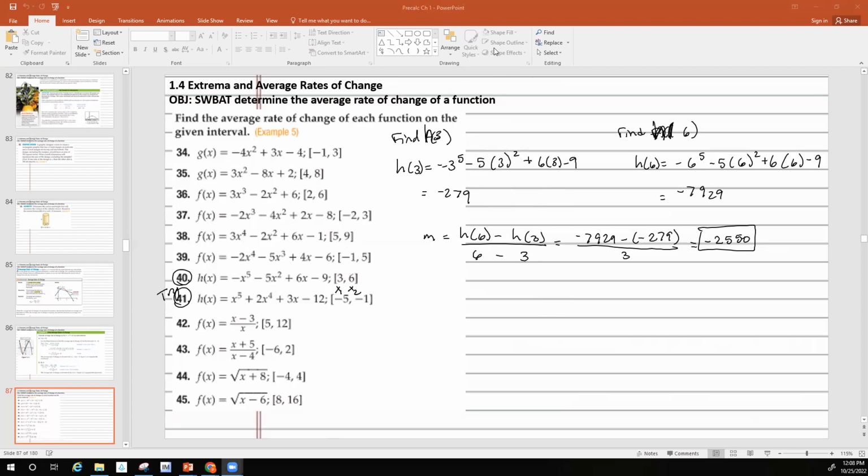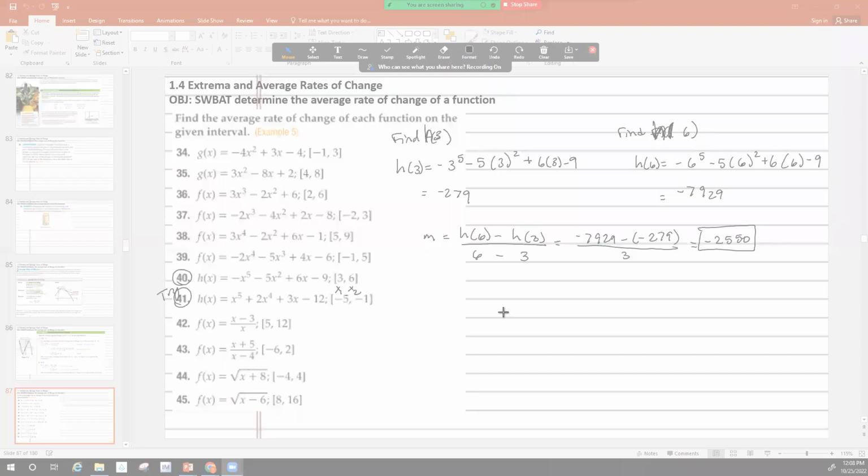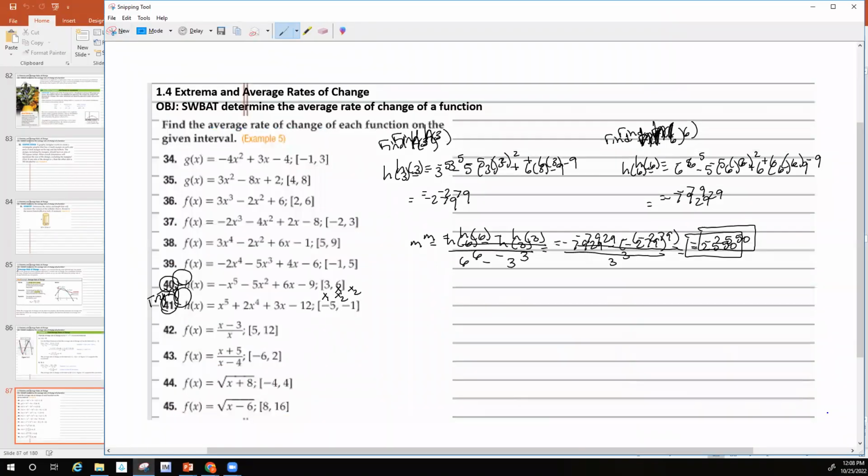But since we're multiplying by a 3, just don't put parentheses, or you can put negative parentheses 3, the 5th. All right, so try it out, see how it goes. Put that in your notes, and try number 41. It's not too bad.